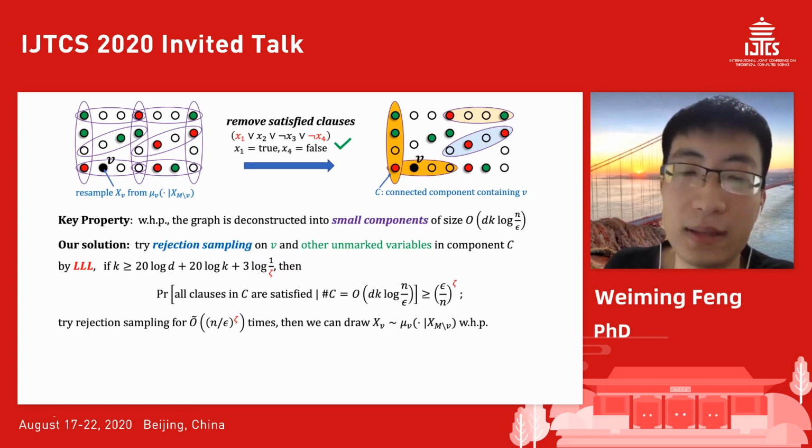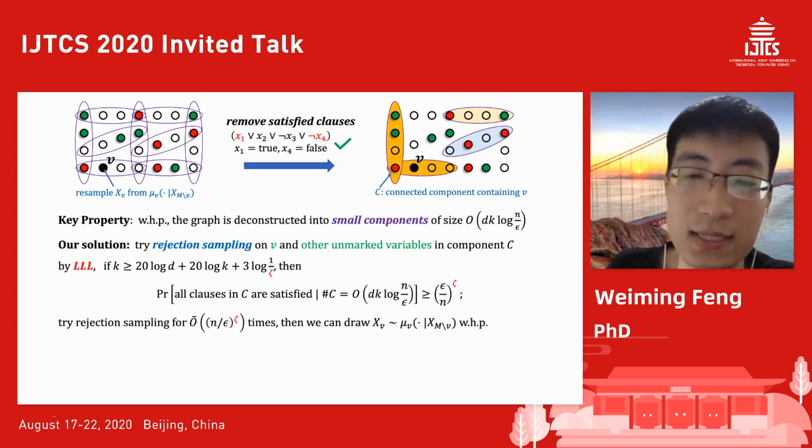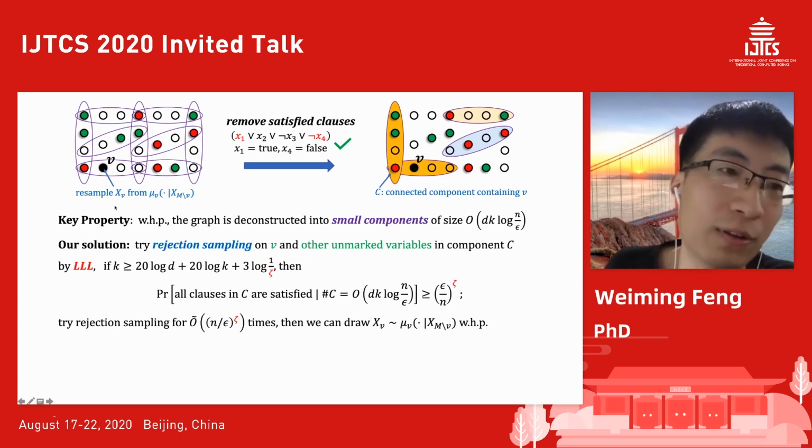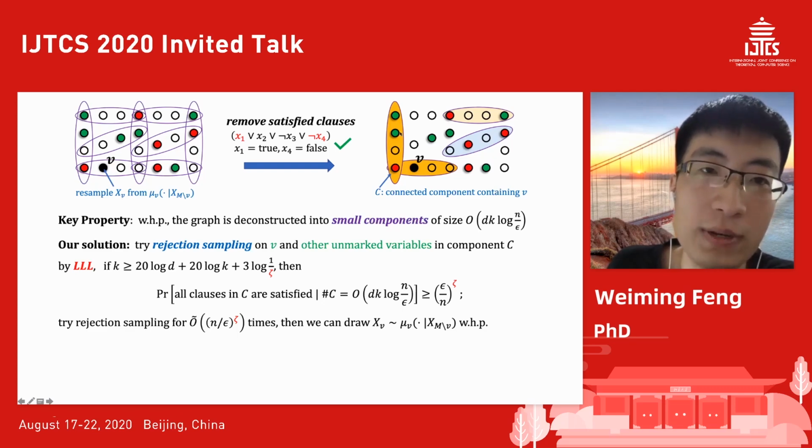Then we find the connected component C that contains the variable V. That is the yellow component in this picture. Now, to resample the value of x_V, we only need to process this connected component C. The advantage is that the size of the connected component is very small. It is O(dk log n).